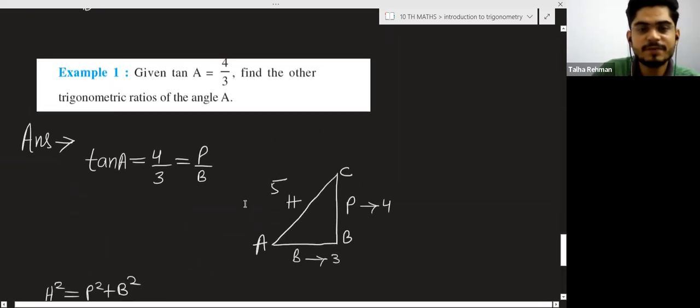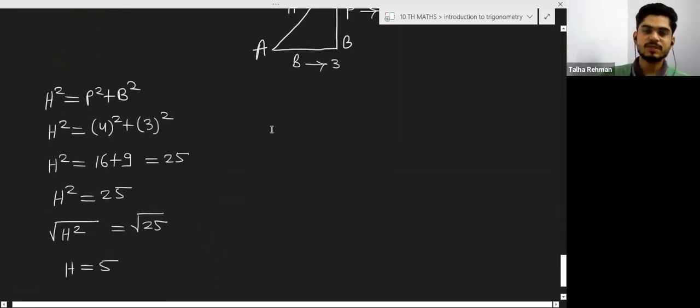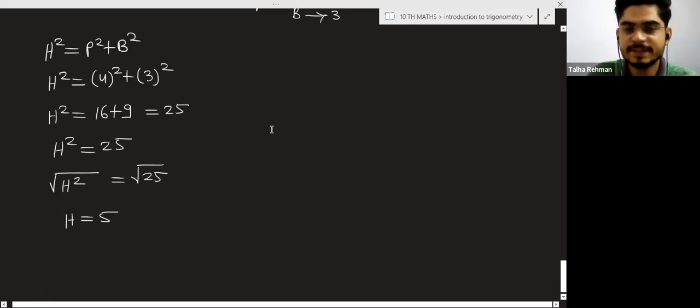So now we can find other trigonometric ratios. Other trigonometric ratios means we have sine, cos, cosec, sec, and all the trigonometric ratios we can find.